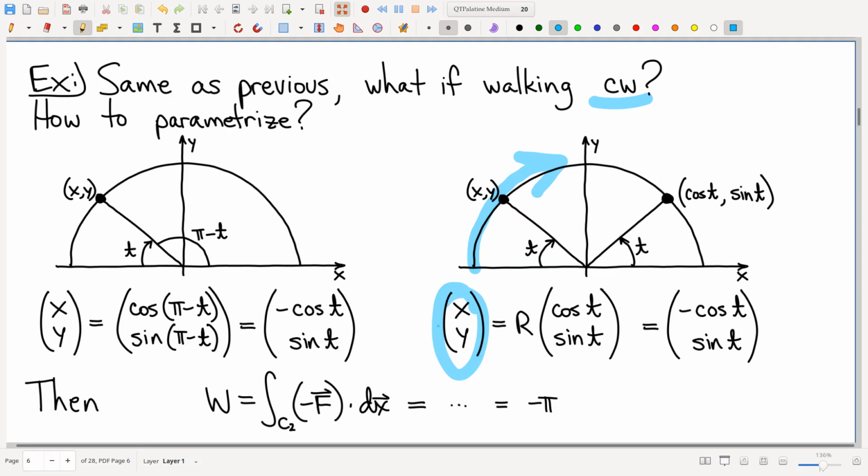I don't have it yet, but what I do have is a pre-existing formula for the counterclockwise oriented version, the same underlying curve. That's our old friend, cosine t, sine t. Nothing to it.